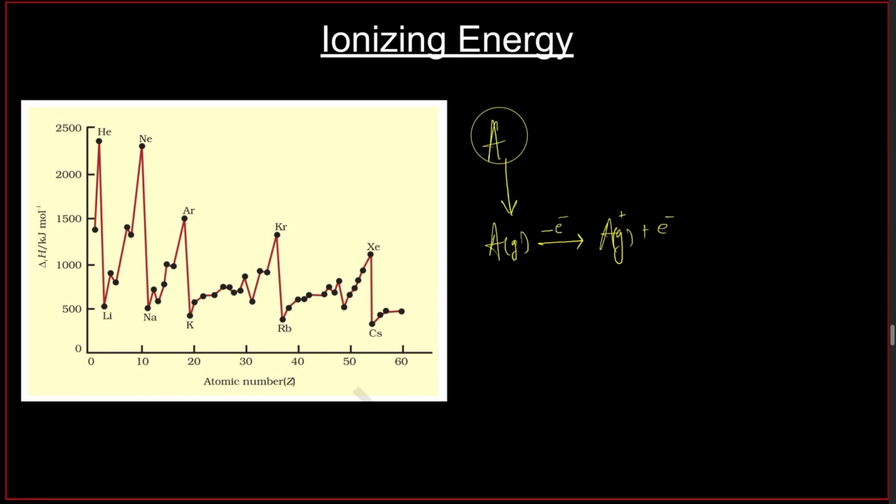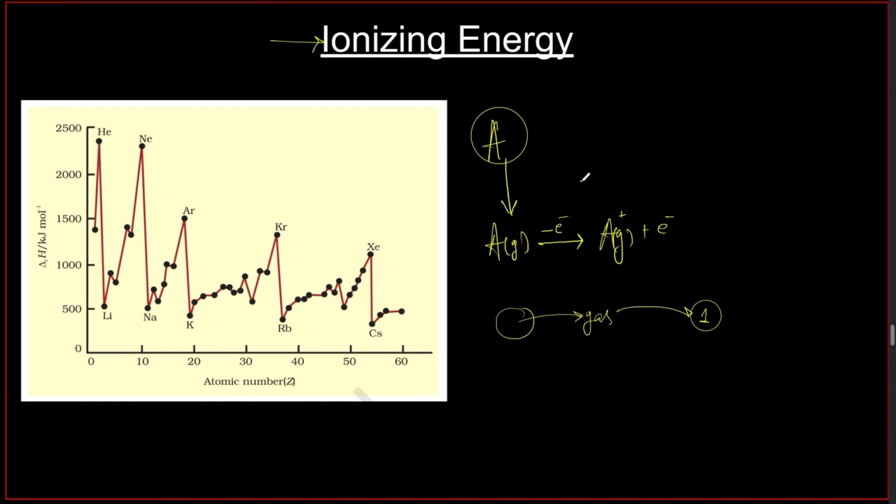So when you have an element, you turn it into gas and take out one electron from its valence shell. The energy you need to put in to pull out that electron is called ionizing energy.